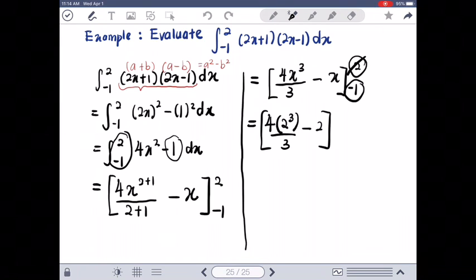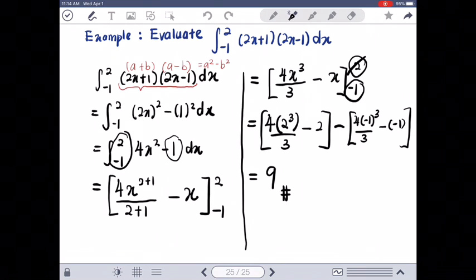So this is the top, minus with bottom, 4 times with -1 to the power of 3 over 3 minus with -1. So this, by calculator, you should get final answer is 9.